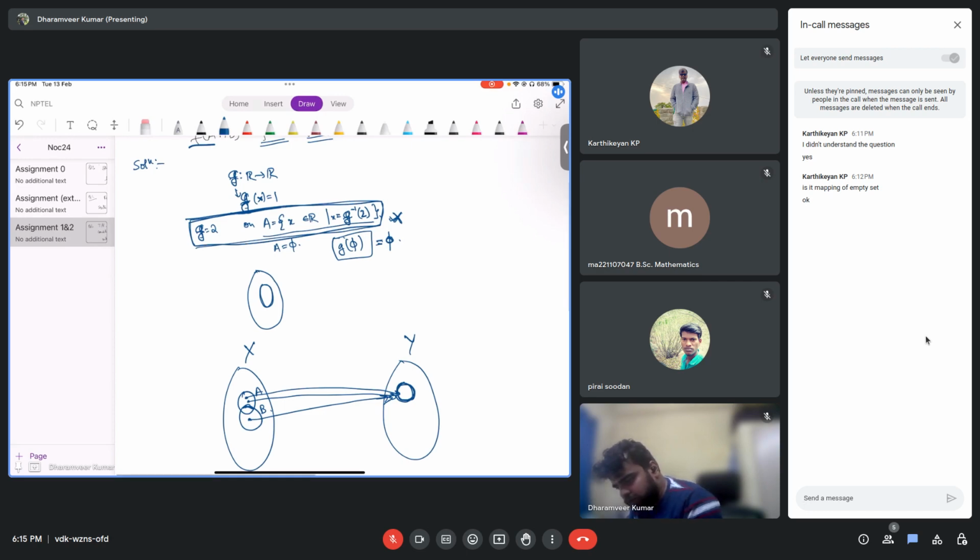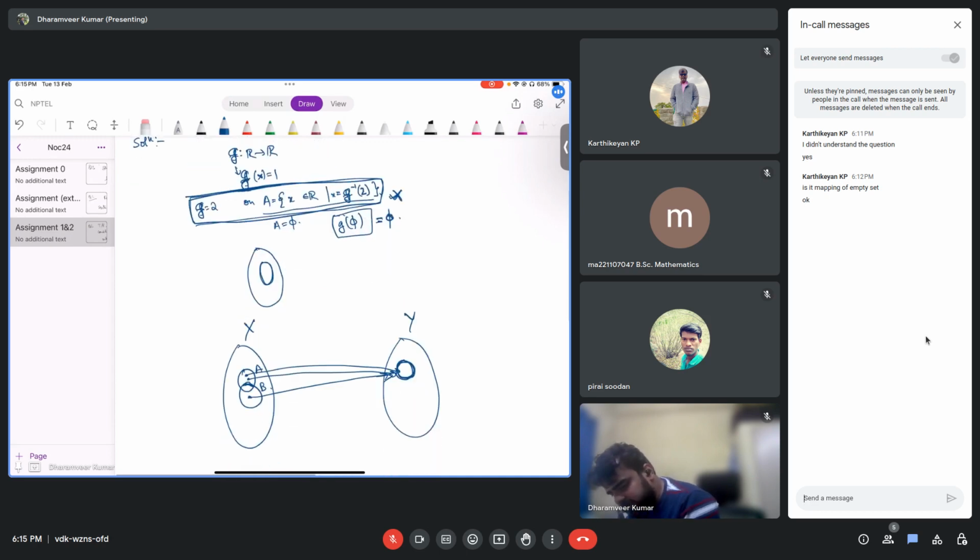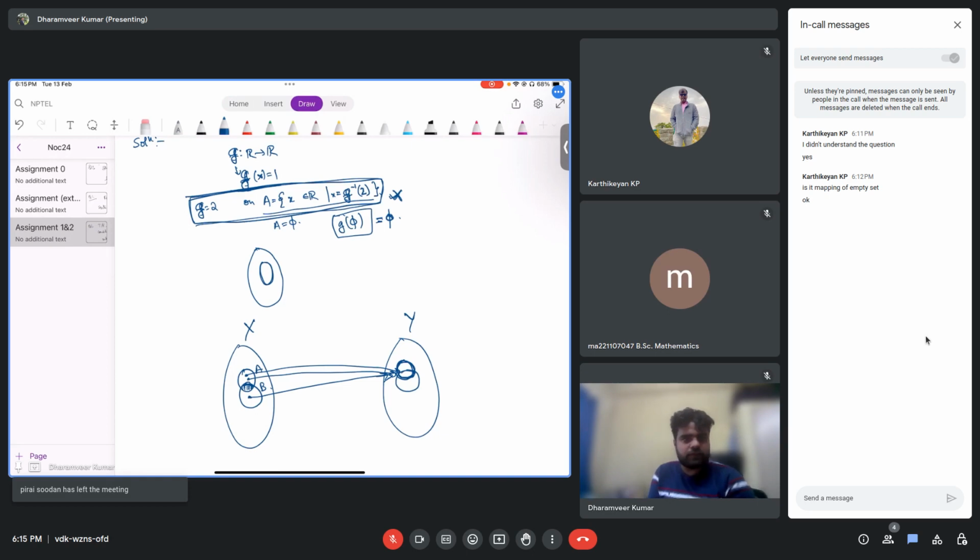So we have to look at f of A intersection B. And then this is f of A, and then there is f of B, and there is also an intersection. What we are saying is that this is only mapping over here.